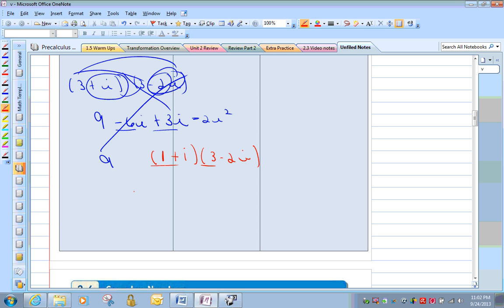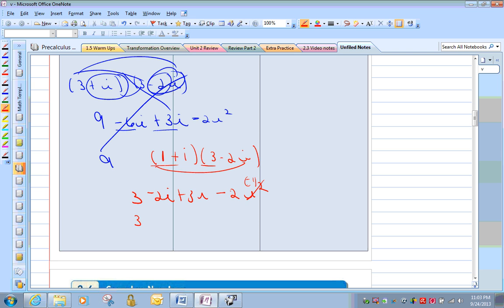So if we do 1 times 3, we get 3. If we do 1 times negative 2i, we get negative 2i. i times 3 is positive 3i. And i times negative 2i, be careful, is negative 2i squared. Watch that squared. So cleaning things up, we have 3. This is going to become a negative 1.